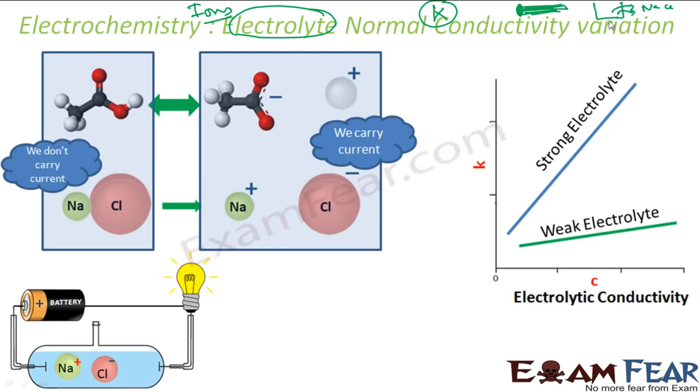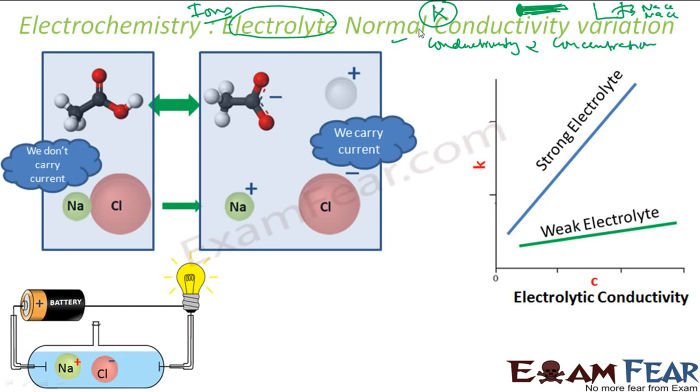You add 2 more teaspoons of NaCl, you measure the conductivity. You'll see that the more you add NaCl, that is my common salt, the more conductive the solution is. Why? Because you have more ions. It's a pretty straightforward answer, right? Thus you can say that the conductivity is directly proportional to concentration.